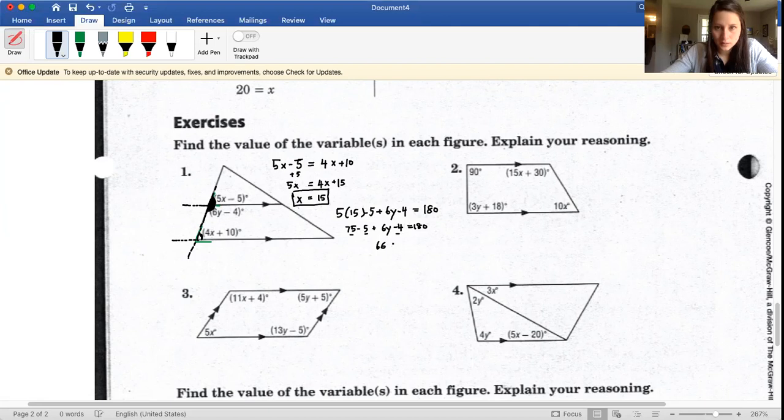And then I've got plus 6y equals 180. So now I'm going to do 180 minus 66. 6y equals 114. Divide by 6. And y equals 19. So my answer is y equals 19.